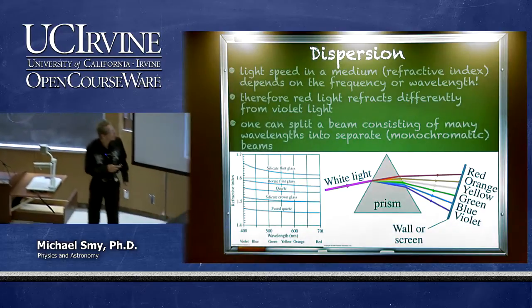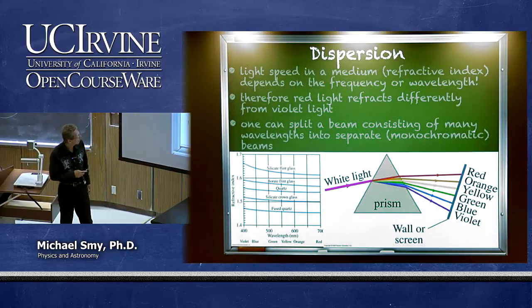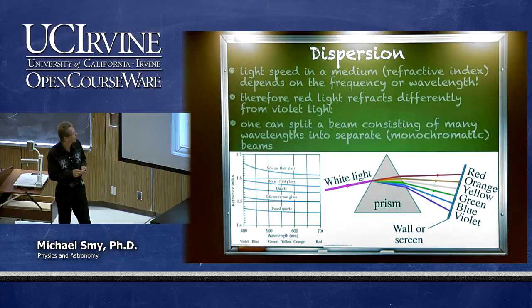For example, this is the index of refraction for fused quartz as a function of the wavelength. And you see that the index of refraction is becoming bigger as you go to shorter wavelengths. And this is also true for various other materials. All of these are listed here.